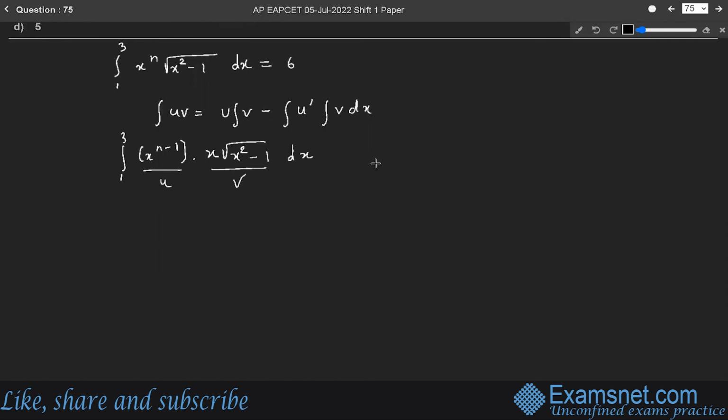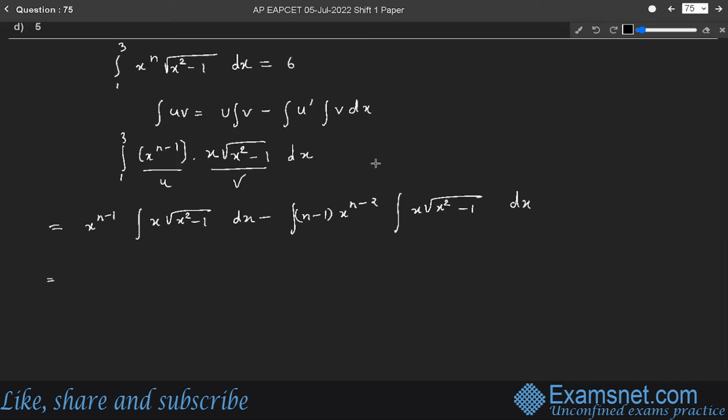So it will be equals to x power n minus 1 integral of x into under root of x square minus 1 dx minus integral of n minus 1 into x power n minus 2 integral of x into under root of x square minus 1 dx.